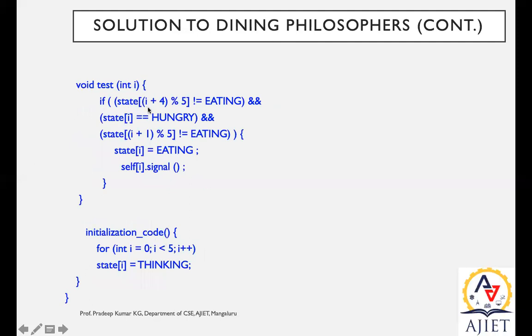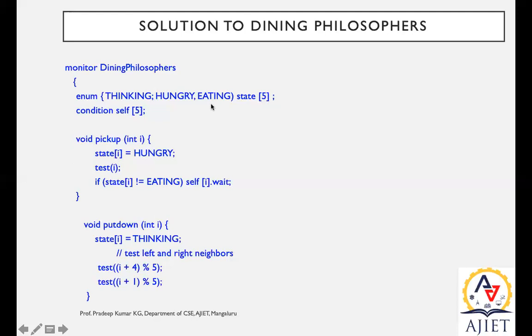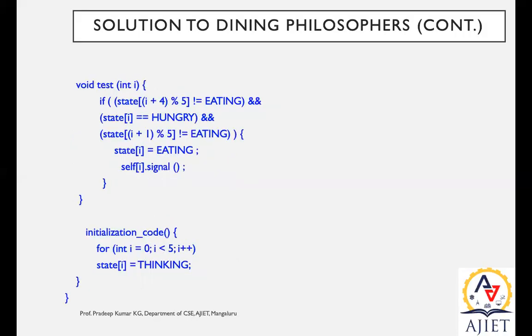In the test, if state of (i + 4) mod 5 is not eating, and so on, then it is eating. That means both are true, so it is supposed to eat. Otherwise, send the signal. Whenever it gets both chopsticks, it starts eating and continues eating until it gets the signal from the other side.